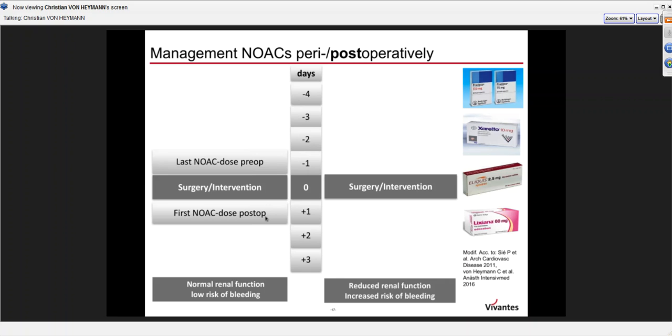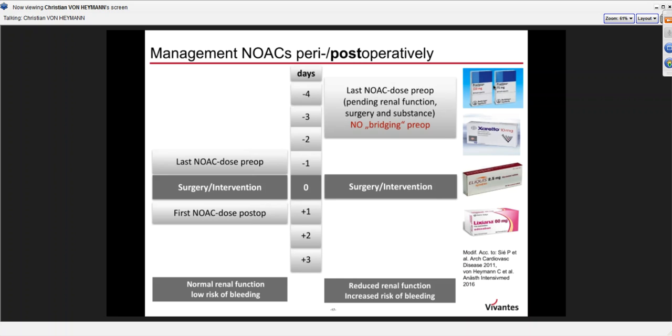The more complicated situation is with patients who have reduced renal function or who have an increased risk of bleeding, either due to the surgery or due to other reasons. In these patients, it may be necessary to stop the NOAC dose up to 4 or 5 days prior to surgery, depending on the renal function, on the type of surgery, and on the substance, especially for the thrombin inhibitor, which is 80% excreted by the kidneys.